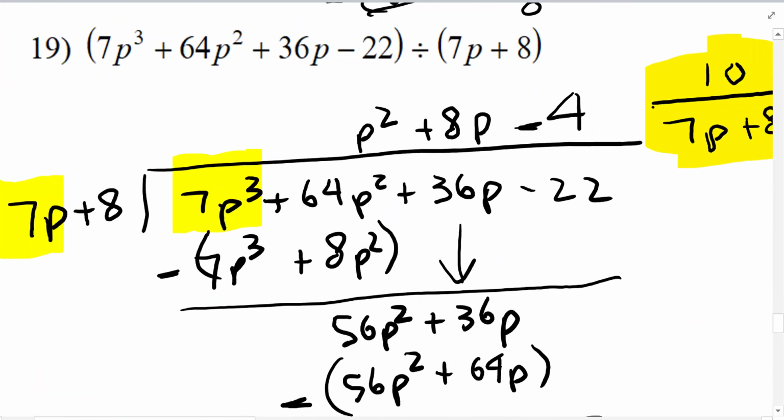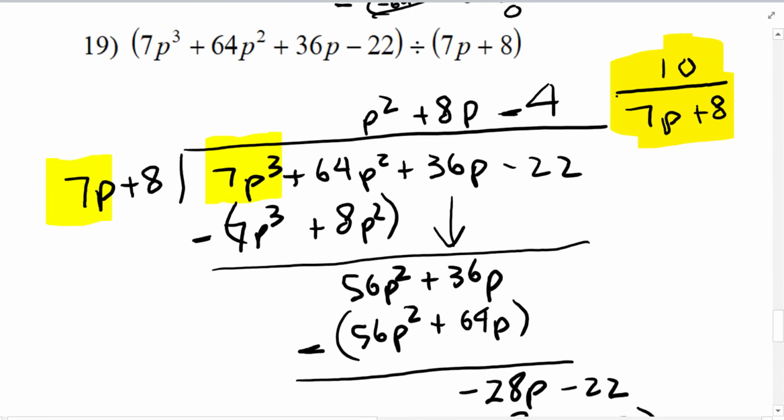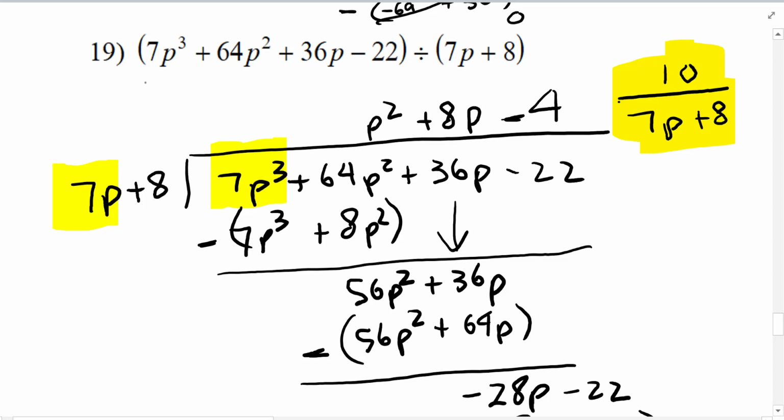I'm going to go ahead and do one more with you. I already have it done. All right, so now we have this polynomial divided by 7p plus 8, and we've already done it, but I'm going to have you just kind of pay attention to what I'm doing. So 7p goes into 7p cubed, p squared times, and then p squared times 7p is 7p cubed, p squared times 8 is 8p squared.